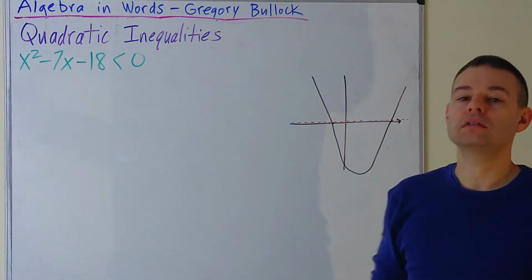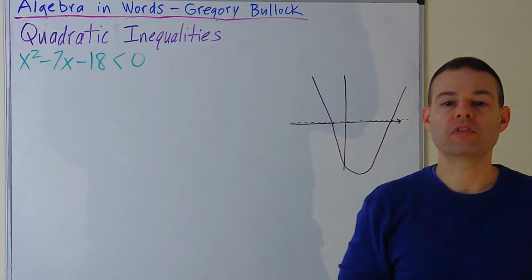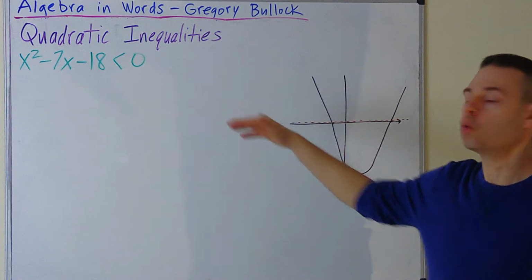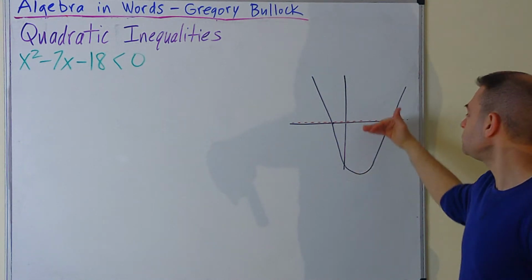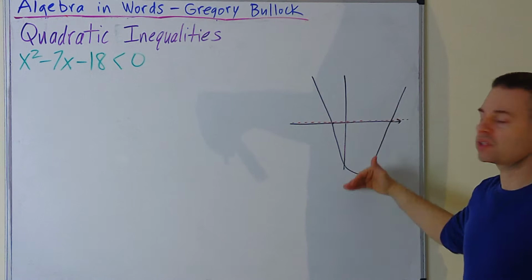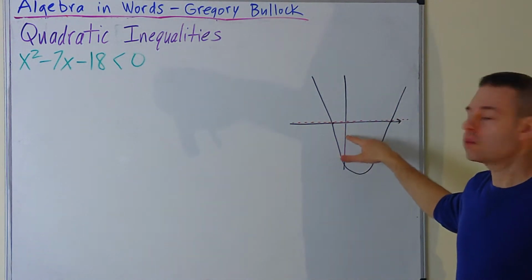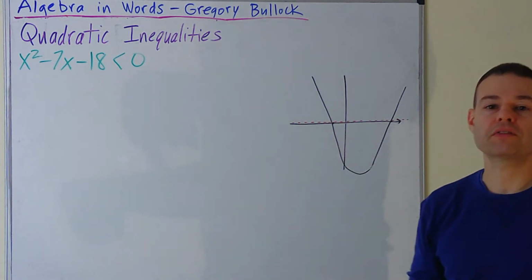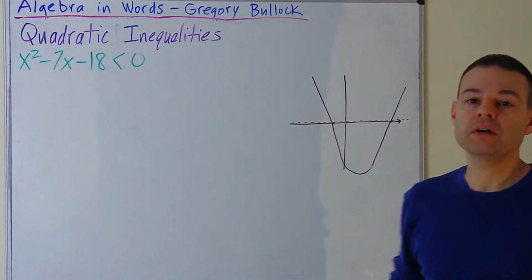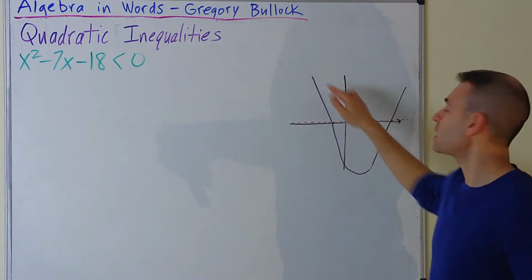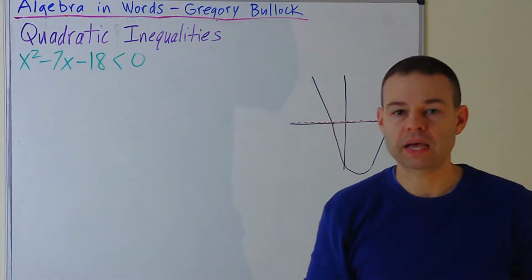So since this is less than, what this question is really asking is, what are the x values of the parabola that are under that line, y equals 0, the horizontal line? So in short, we want whatever these x values underneath would be. Or if it hypothetically said greater than 0, then it would be asking for all the possible x values of the portions of the parabola above the line.